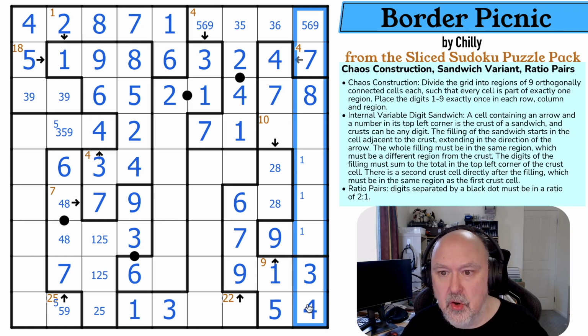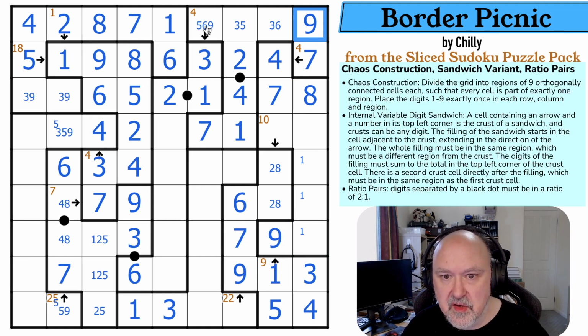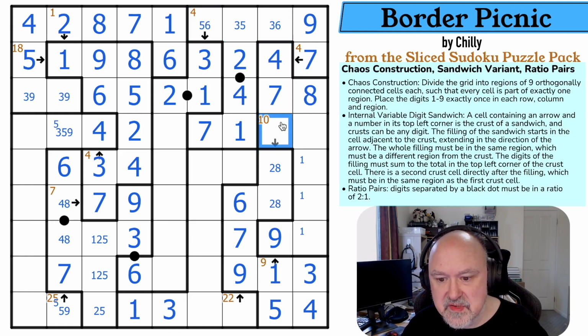9 in this column. I can't repeat 9 in this region. So this is the 9 in the column. But now I know this is 3 or 6. What am I missing in this column? 1, 2, 3, 4, 5, 3, 5, 8.